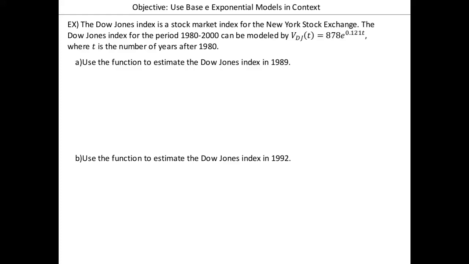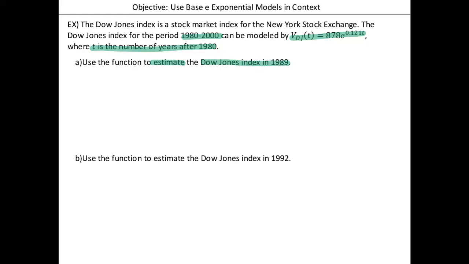So for example, number 1 here, it says the Dow Jones Index is a stock market index for the New York Stock Exchange. The Dow Jones Index for the period 1980 to 2000 can be modeled by this function V of dj for t. And then it tells us that t is the number of years after 1980. So in this case, it says for part A, use a function to estimate the Dow Jones Index in 1989.